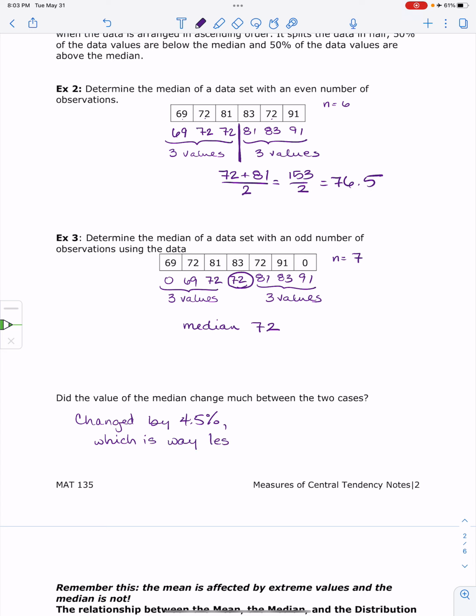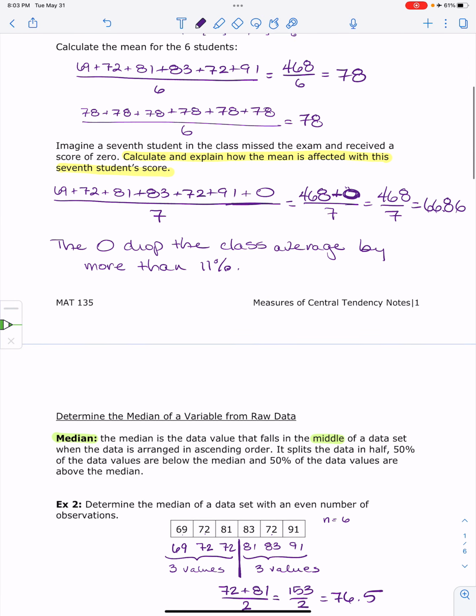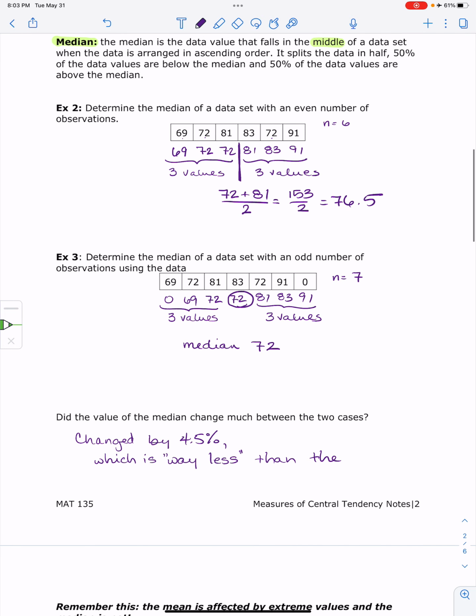Which is way less, there's the mathematical terminology there, than the, how far? 11.14%. So it's way less than the 11.14% that the mean changed by when we added that 0 in.